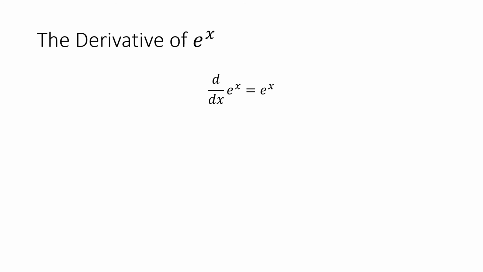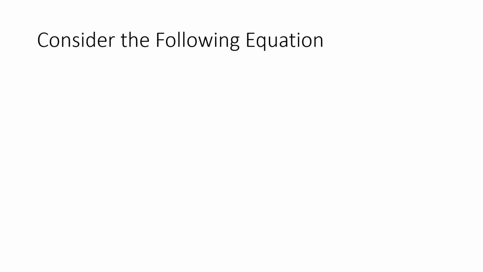Now on to the derivative of e to the x. The derivative of e to the x is going to be e to the x, which is very convenient. So going ahead and using this in an equation, we're going to be using the example of 4 times e raised to the 5x.